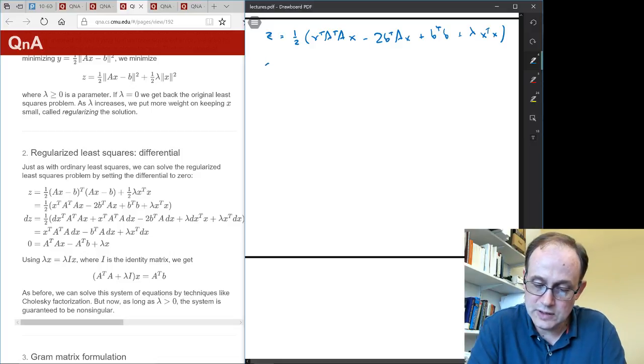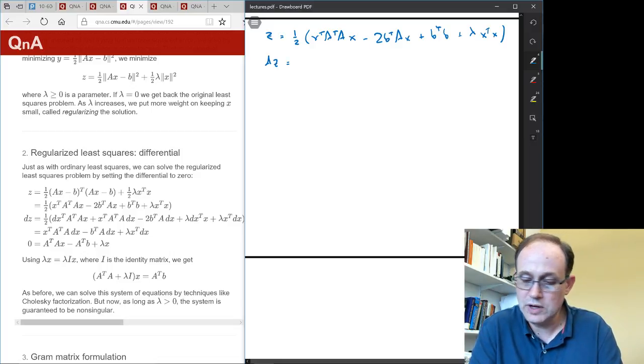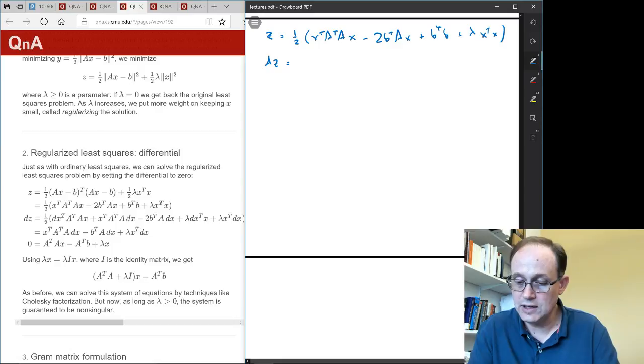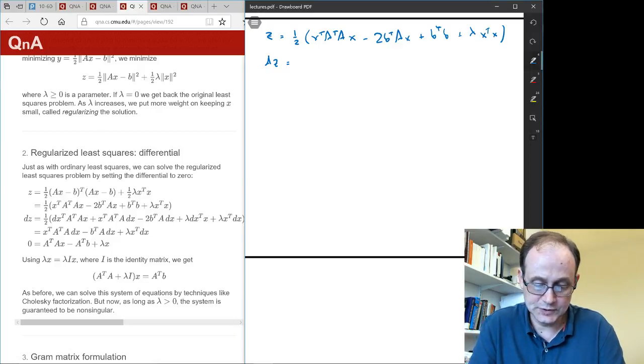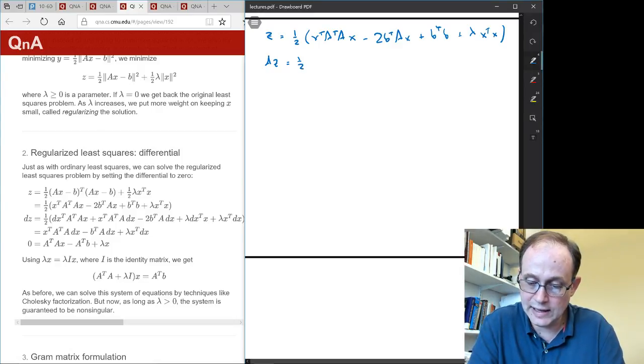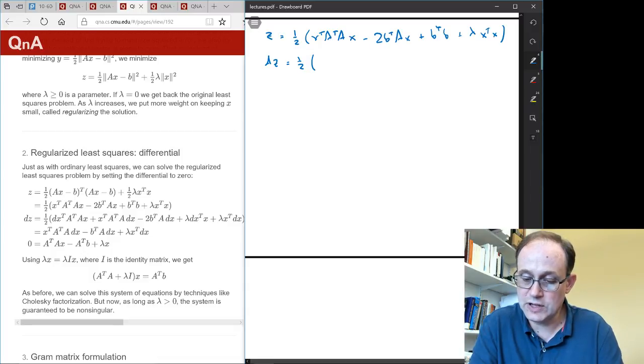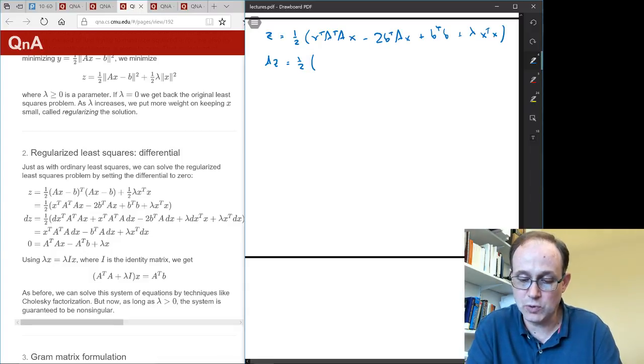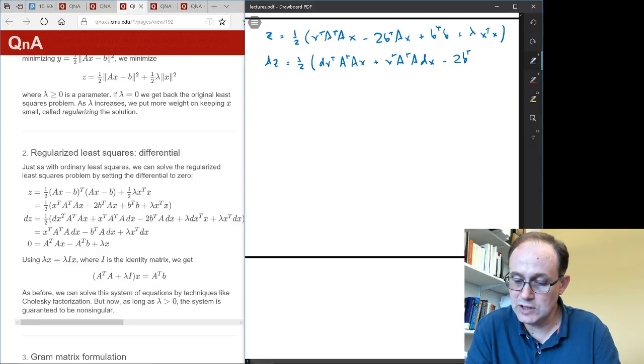And so dz is equal to, we'll just push it through every linear operation, right? And so we'll get 1/2 d of this thing, and we'll use the product rule for that. So that's dx transpose A transpose AX plus X transpose A transpose A dx minus 2 B transpose A dx.